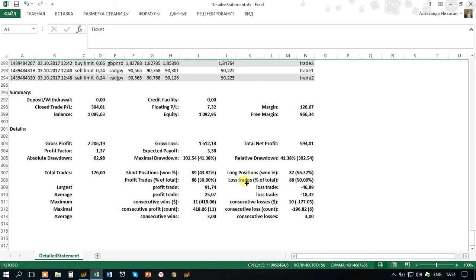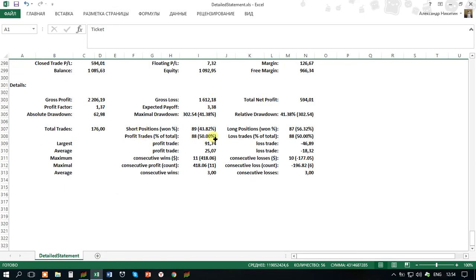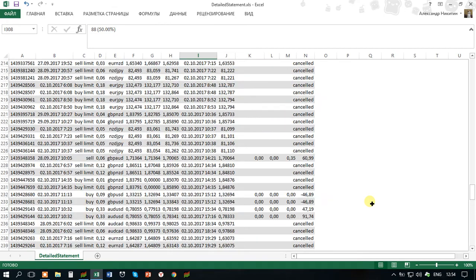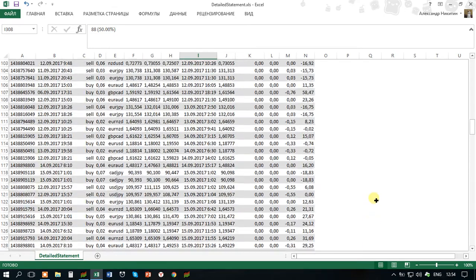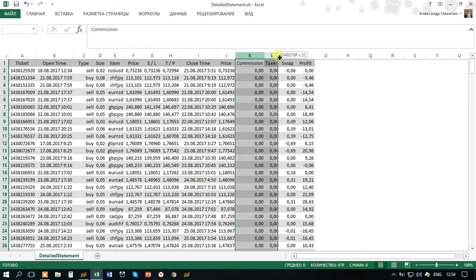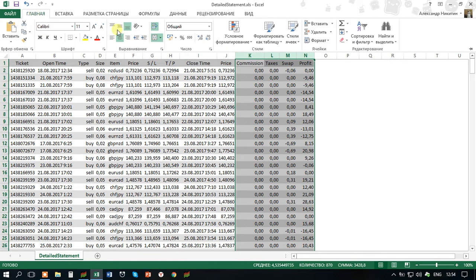The maximal profit, the amount of profit trades, you can see I am 50% accurate. 50% losers, 50% winners, and that's not exactly true. Let me now show you what is the objective evaluation. You can see, oh no, I had 58% in my backtesting, but in real-time trading I only have 50%.